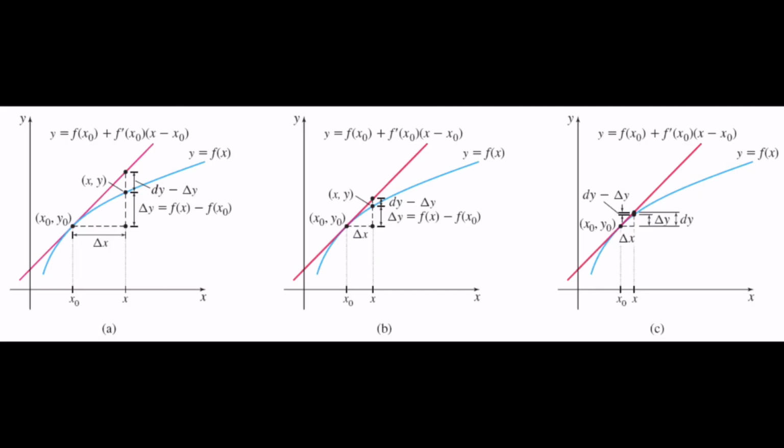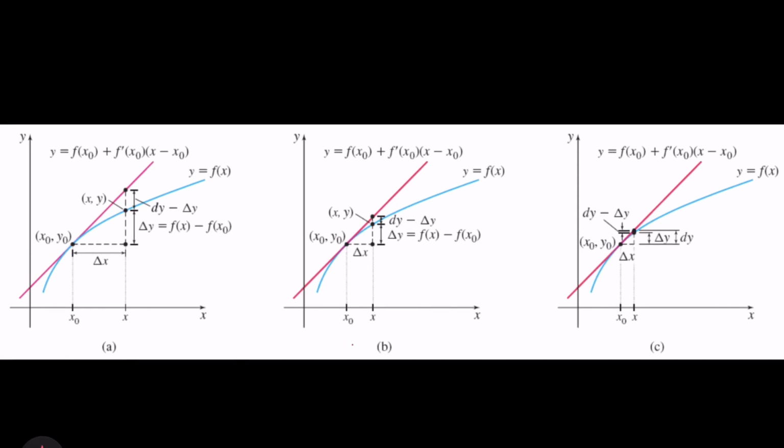Now I want us to look at this graph here, and I want us to notice something. A while ago we said that as delta x approaches 0, dy approaches the change in y. So we have that as this distance gets smaller and smaller, meaning this point gets closer and closer to this point, notice what's happening to the gap between the tangent line and the function itself.